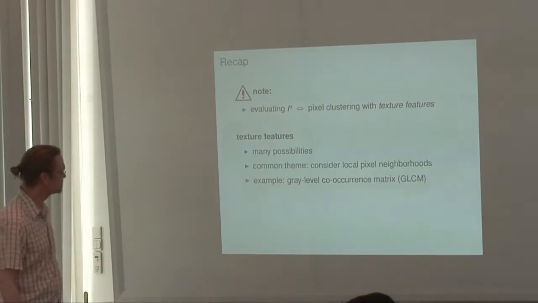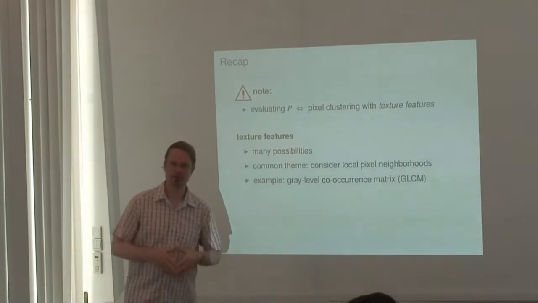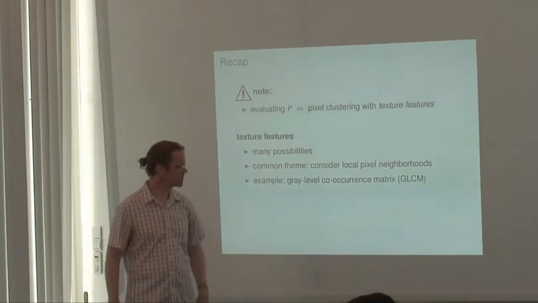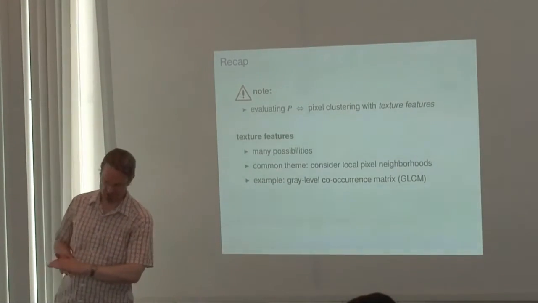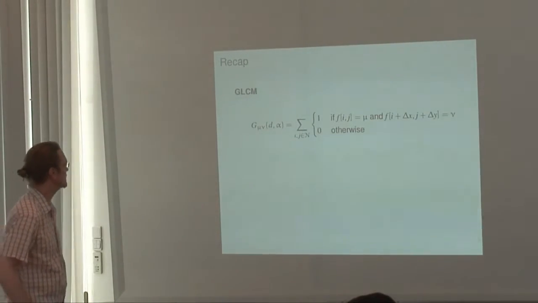And the particular example we looked into as the canonical texture feature is the idea of gray level co-occurrence matrices, or GLCMs as people like to call them. They are defined like that.